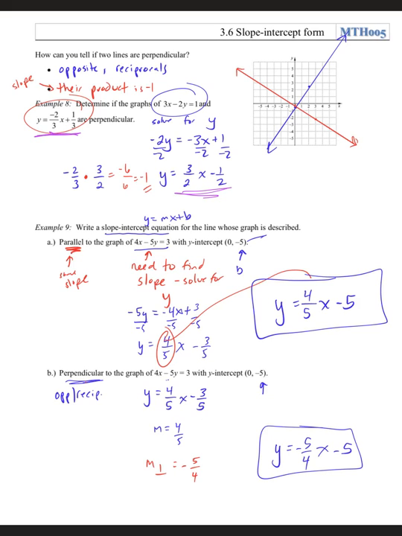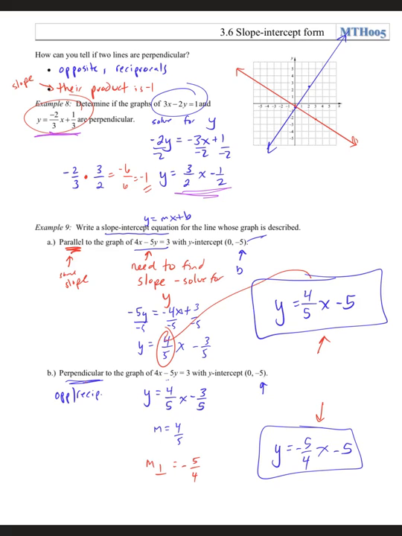Now, a way you could check your answers here is you could take this equation right here or this one right here and graph it in your calculator. We did this before we went on spring break, so you should be familiar with how to do that. If you forget, send me an email or you can Google graph a line on the TI-84 Plus. Go to the y equals button and just type those into your calculator.